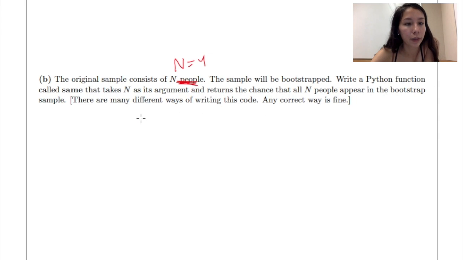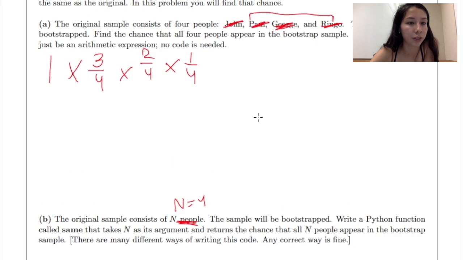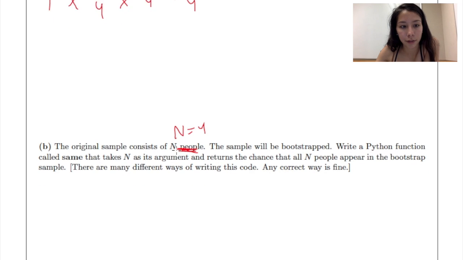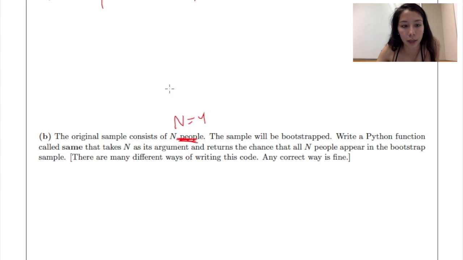So we basically want to do something very similar to what we did above, where we write a function that's going to just generalize this idea. So we're going to start by writing def same, and it's going to take in n as its argument.